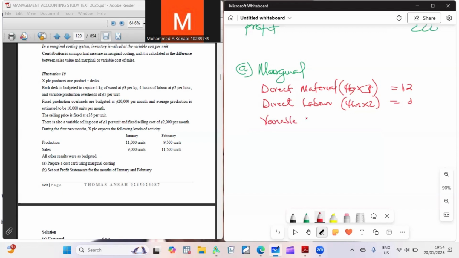Variable overhead. And the variable overhead is 5. That is what we had. That's what we have. So this is our, if you check this, if you add this together, how much are you going to get?